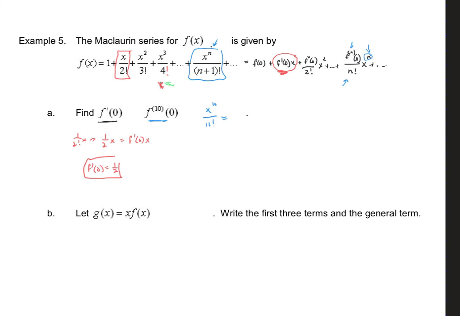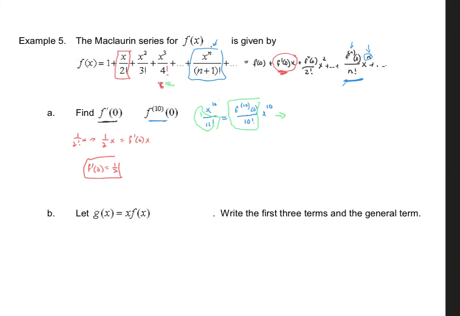Now we know from any Maclaurin series that the coefficient has to be the 10th derivative at 0 over 10 factorial. So the coefficient here is 1 over 11 factorial.